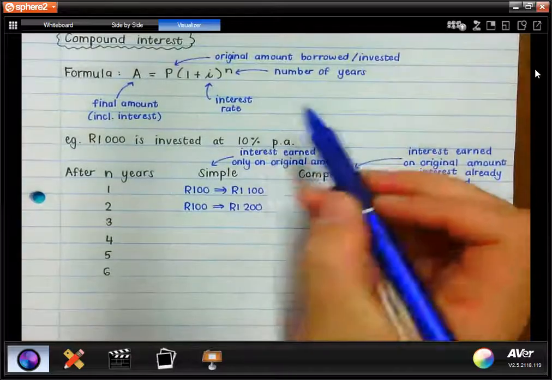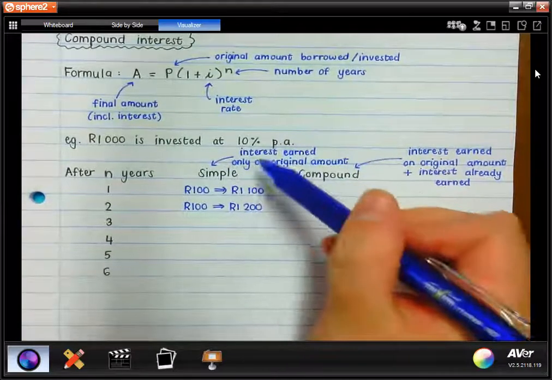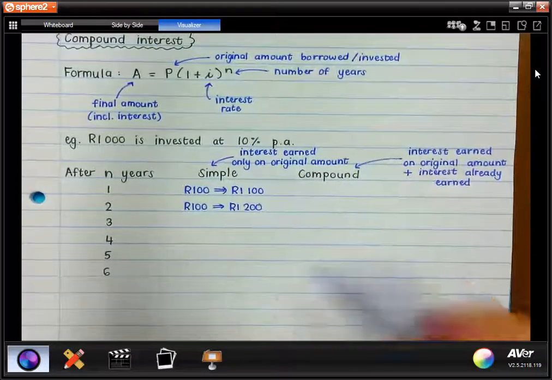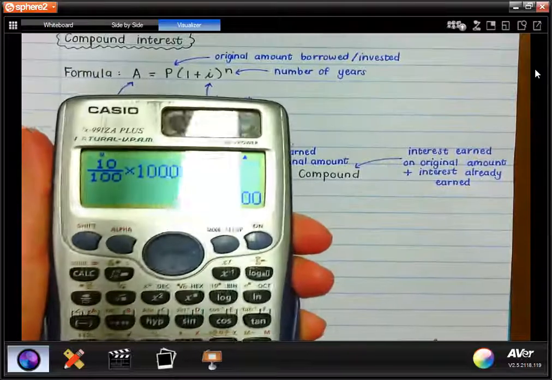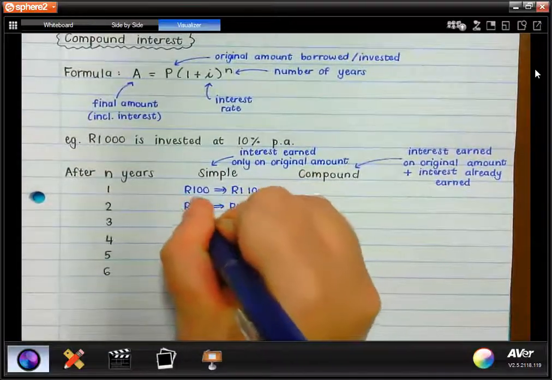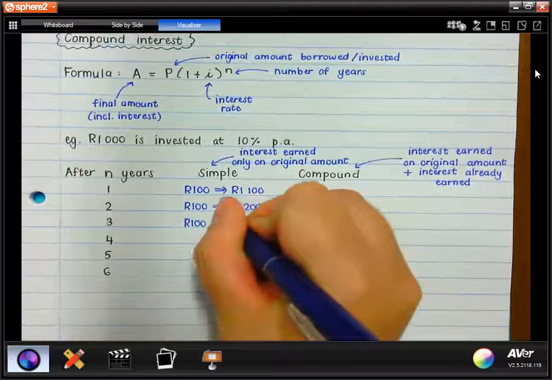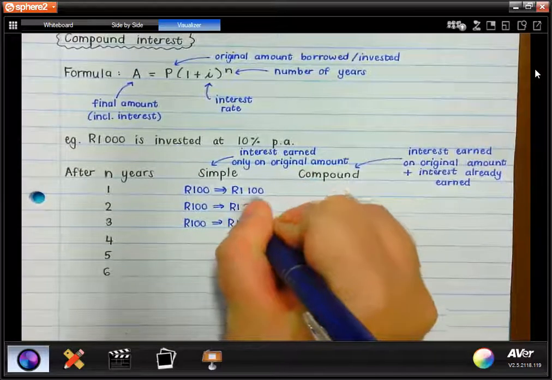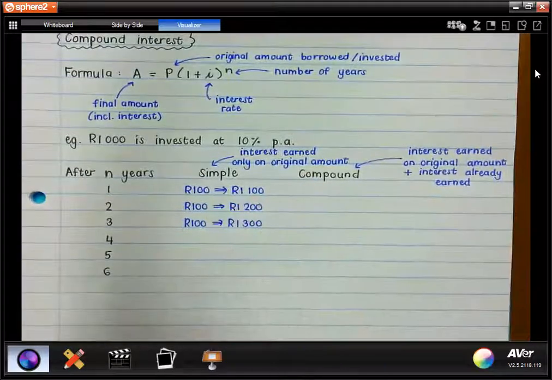After 3 years, again, interest earned only on original amount. Again, I'm going to earn 10% of 1,000 Rand. So again, I'm going to earn 100 Rand. That will leave me with 1,300.